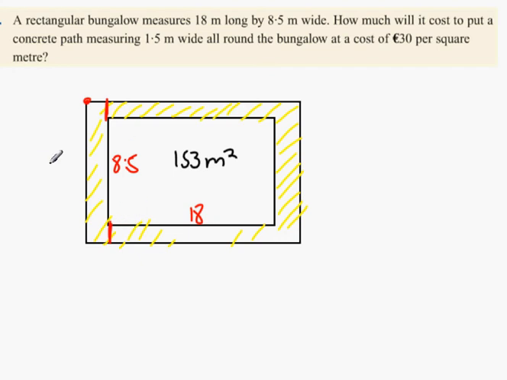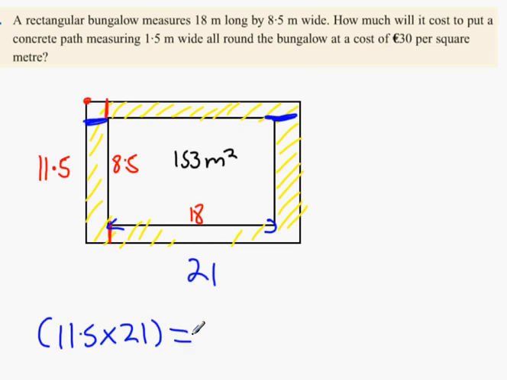So add on 3 and you get 11.5. And this one is 18 wide, right? So you have to add on a 1.5 here and a 1.5 there. So what's the size of that one then? 21. So our big rectangle is 11.5 multiplied by 21.